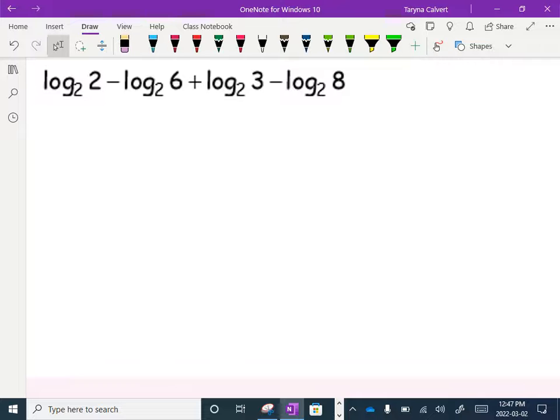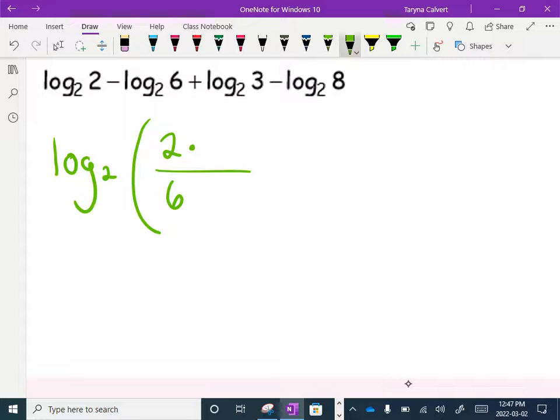So before I do this one, guys, how many numbers are going to be on top? How many numbers are going to be on the bottom? Okay, there's going to be 2 on the top and 2 on the bottom. And they're all base 2, so we're good. So log base 2, we're going to bring it down to a single logarithm. So this is a positive one, so it goes on top. This is a negative one, it goes on the bottom.